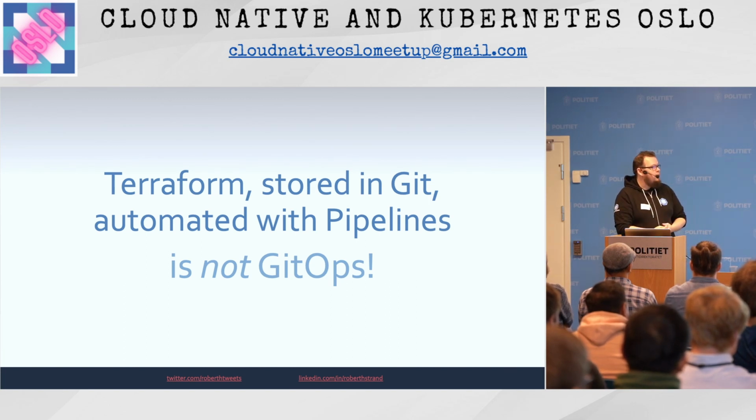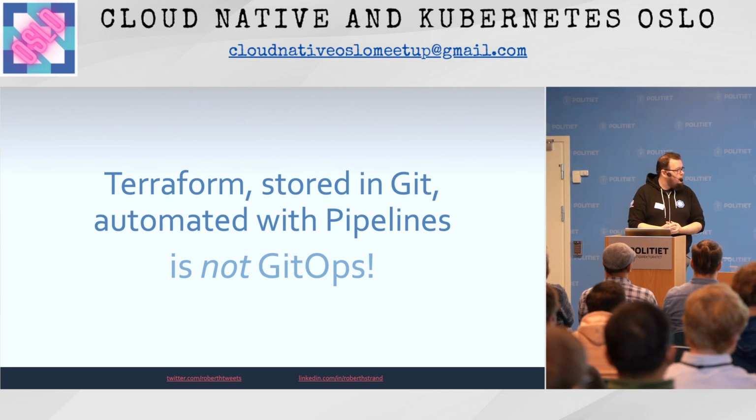GitOps is a term that came originally from Weaveworks in 2017, I think is correct. And it was kind of their way of describing what they had been doing internally. Weaveworks obviously was the one that started with Flux, which we'll look at now, which is a true GitOps tool.